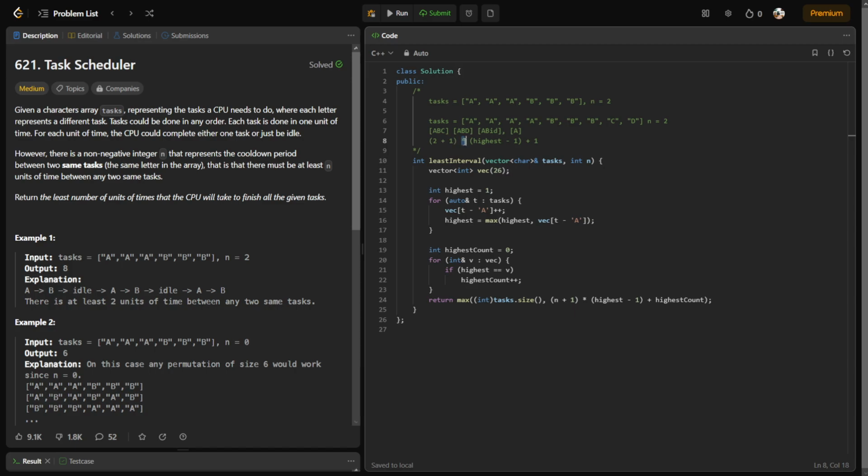Then we multiply by the highest frequency, which is 4 minus 1, which is 3. That's why we get 3 loops over here. These are 3 complete loops, that's what I mean by cycles. This last part is not a complete cycle because it is one task itself. So we have highest minus 1, and then plus the extra 1 here.